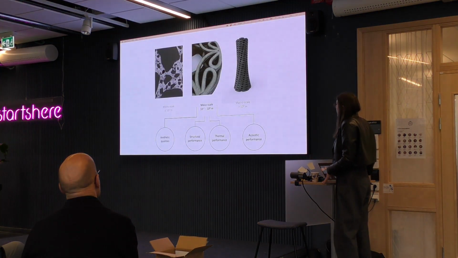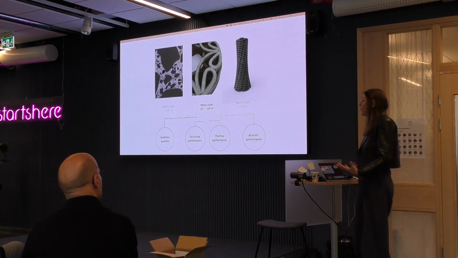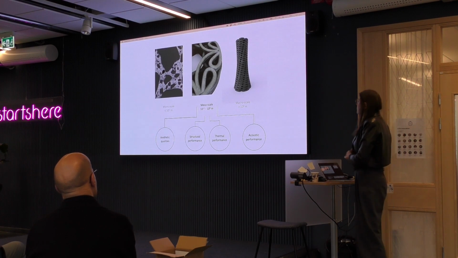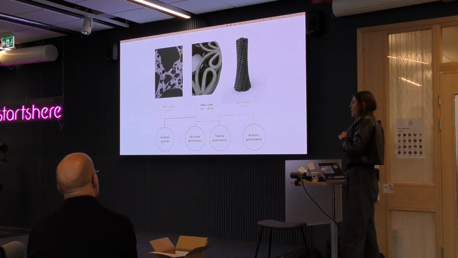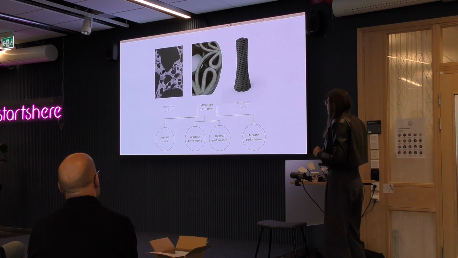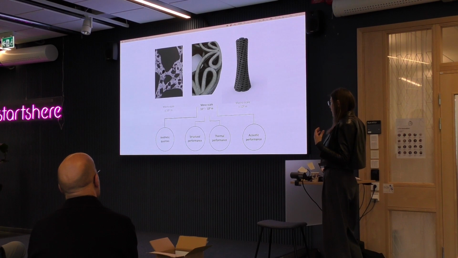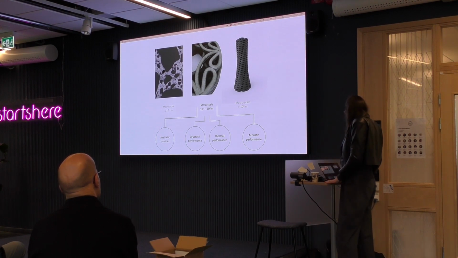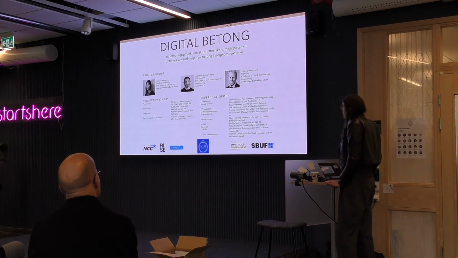And then just to say what happened after in this project. While going very deep into this aesthetic exploration, we also wanted to see how this design approach can control the structural properties of concrete. So this was a project called Digital Concrete that was financed by SBUF and Smart Environment that is still ongoing.